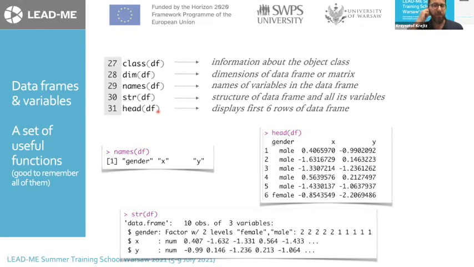It's much quicker sometimes to look only at the first 6 rows, and that's enough for us. So the function head(df) displays in our console the first 6 rows of your data frame. These functions are really good to memorize: class, dim, names, str, head.